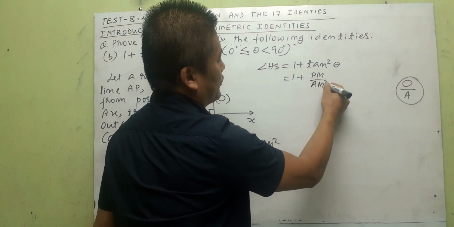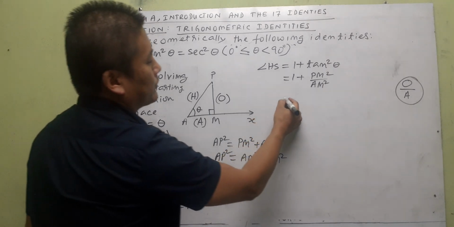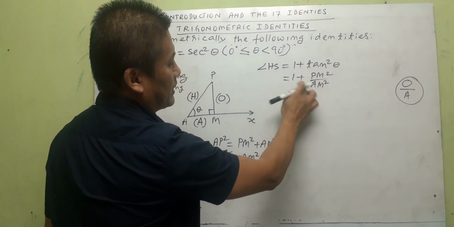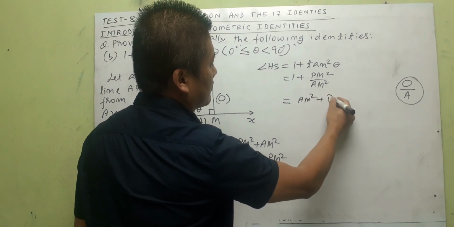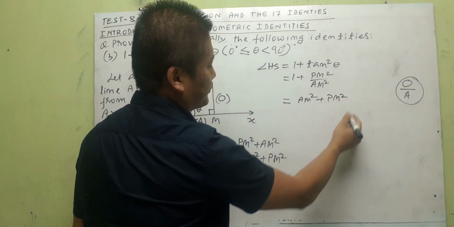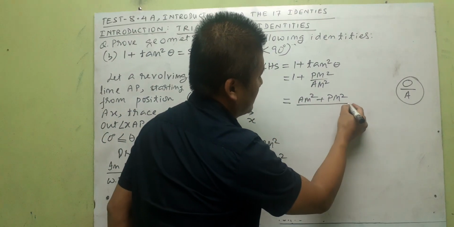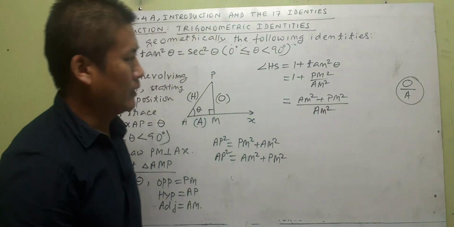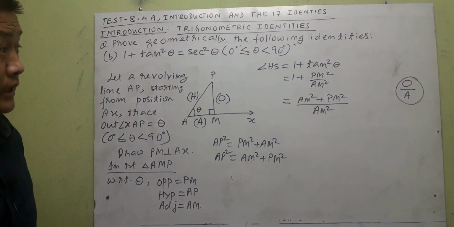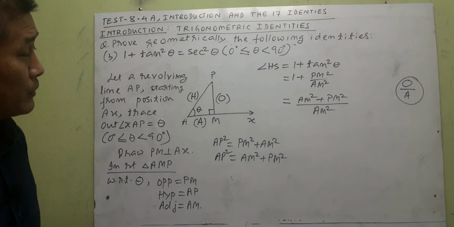So you can put square on both because this is tan square theta, right? Now by the simplification method, we know this can be multiplied by 1. So AM square into 1 is AM square, plus that one will remain the same. Because you have multiplied, the long line will now cover the whole thing, divided by the LCM, which is AM square. So AM square plus PM square again, which is equal to AM square plus PM square.